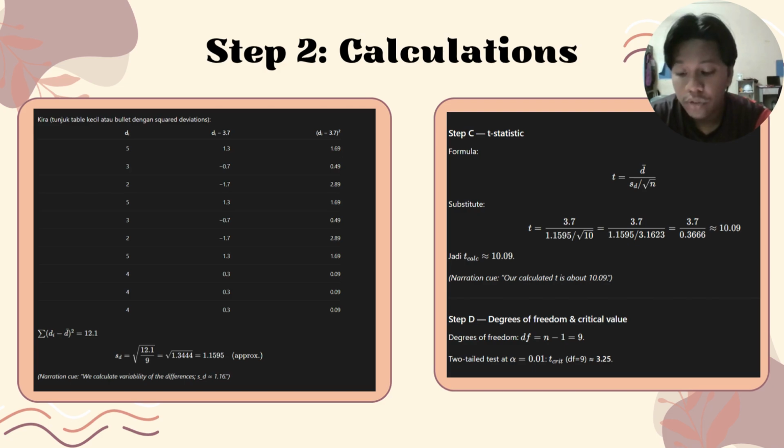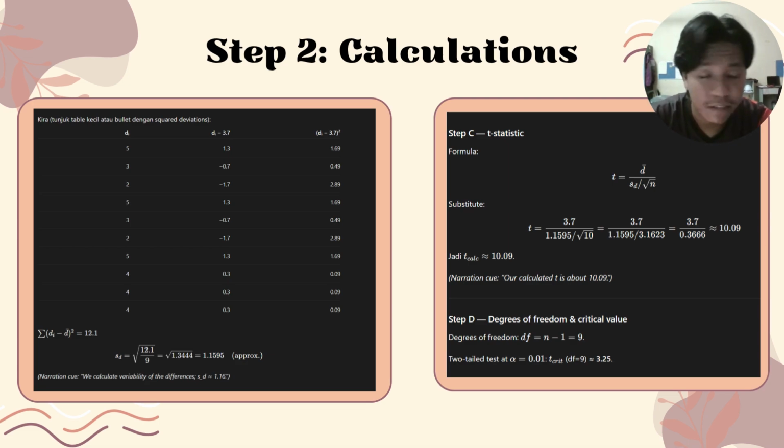So going through step C, which is the t statistic, we're going to use the formula t equals mean d over standard deviation of difference over square root of n, which is square root 10.